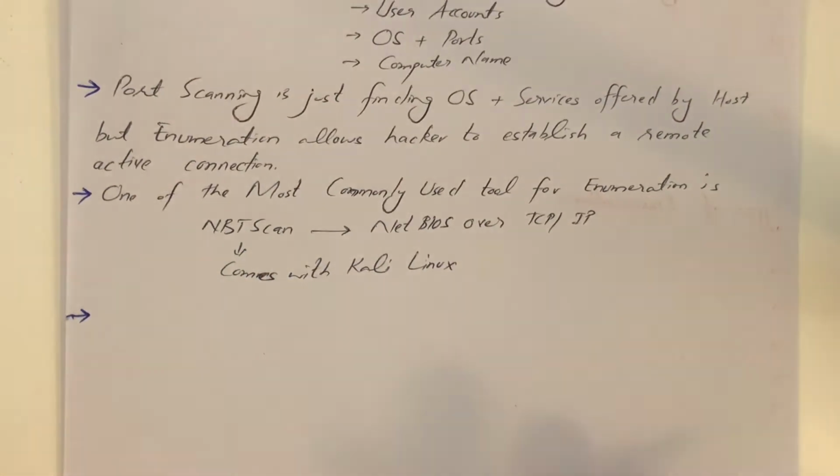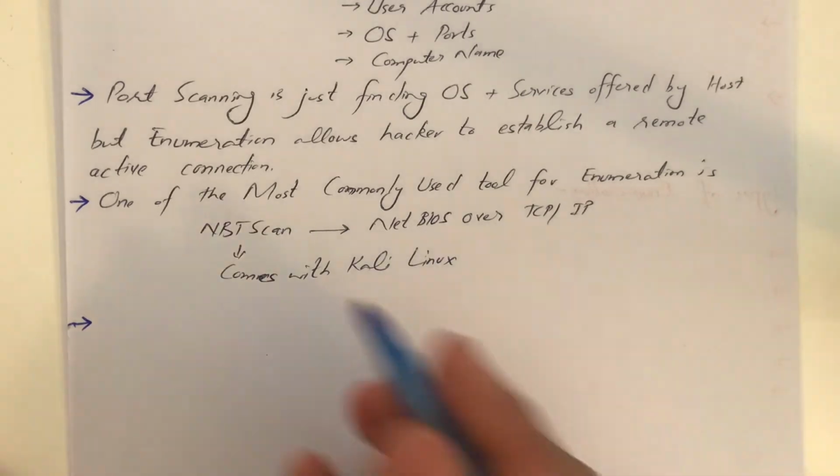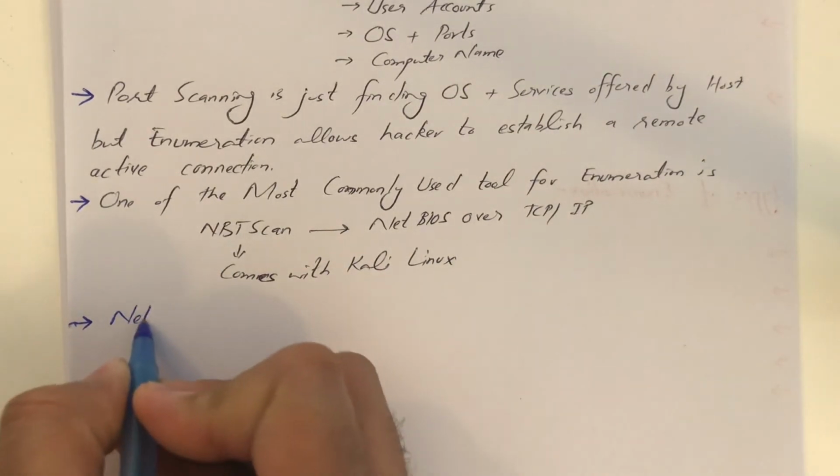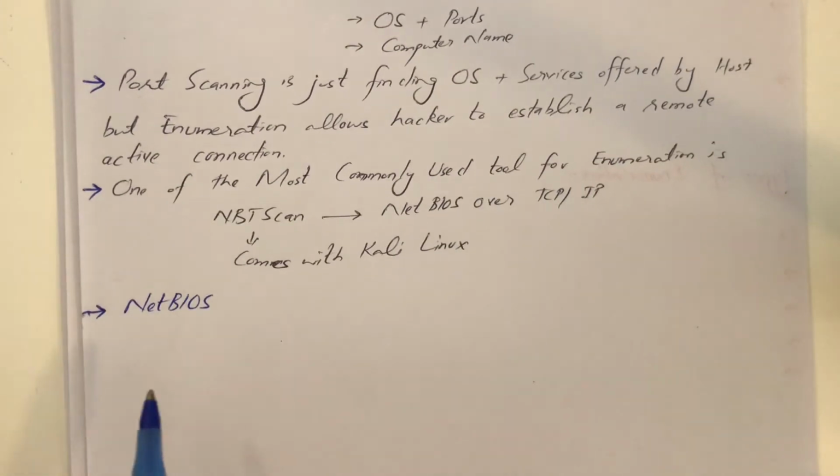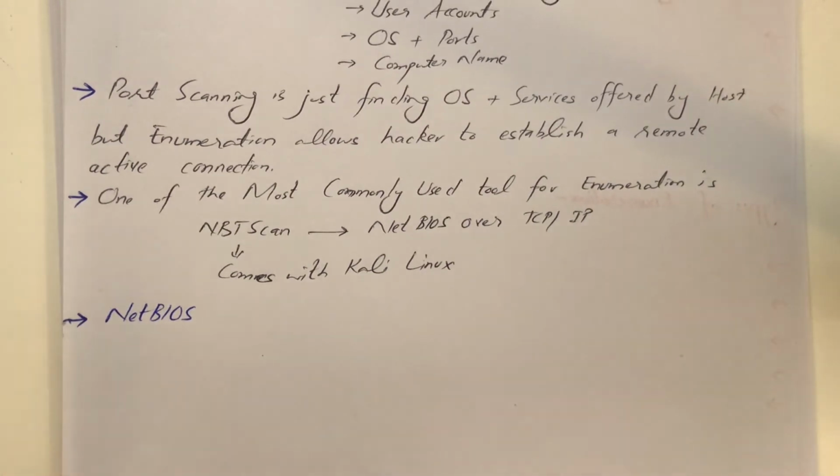Usually the enumeration attack is based on exploiting NetBIOS. NetBIOS is basically the network basic input output system. For example, if you have a shared printer on your network, you have to open your ports 138, 139, and these ports need to be open in order to use a shared printer.